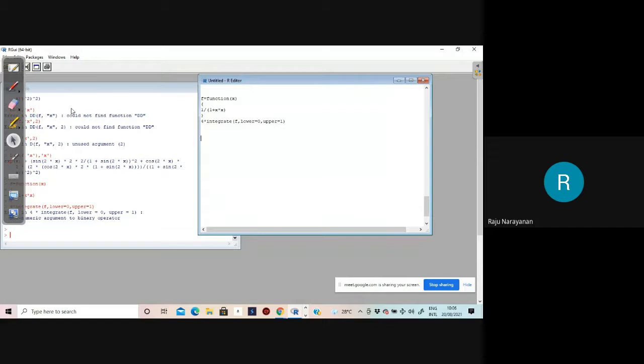Is something wrong somewhere? What is wrong here? 4 times function x, that is correct. 1 by 1 plus x square, that is also correct. 4 times.